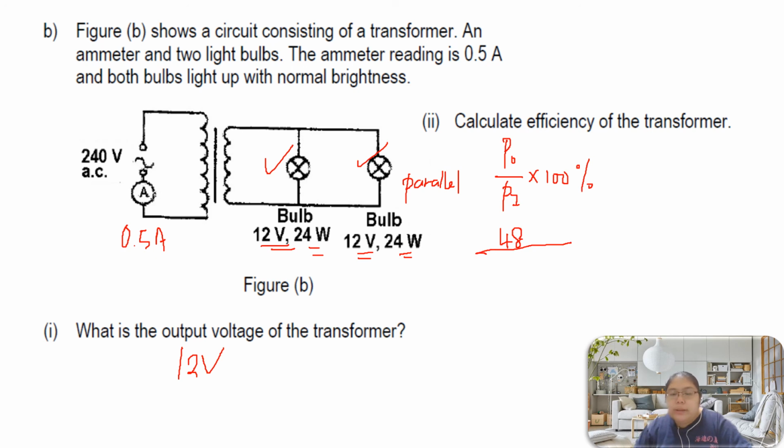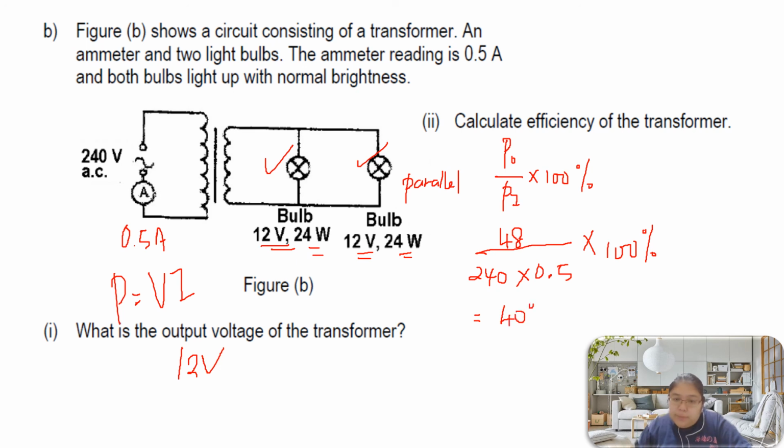Power input: remember the formula P equals VI. So we take 240 multiplied by input current 0.5. Then we multiply by 100%. From this calculation, the answer is 40%. So this is the answer for efficiency.